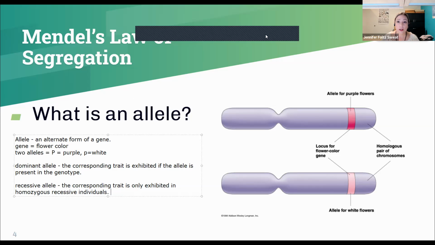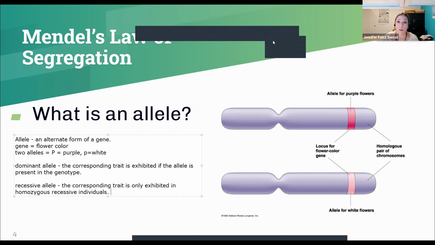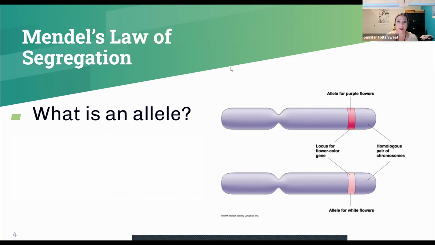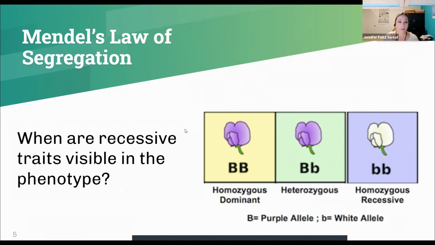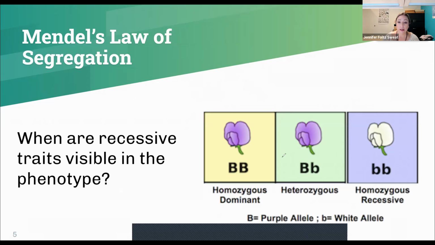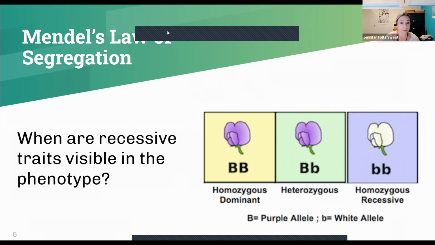So let's go on to the next slide and talk about the terms homozygous and heterozygous. So I mentioned that all genes have at least two alleles. So here we have genotypes and phenotypes and the alleles that are included in each.